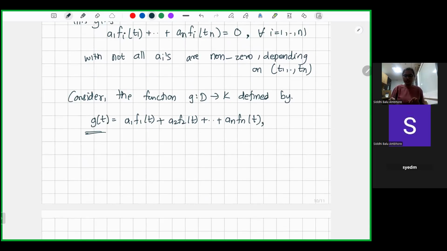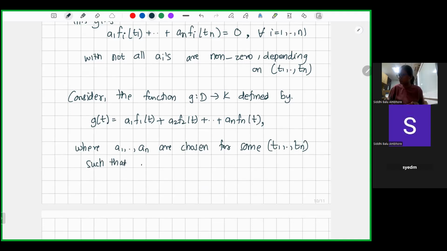Here the a1 to an are chosen for some t1 to tn such that not all are 0.